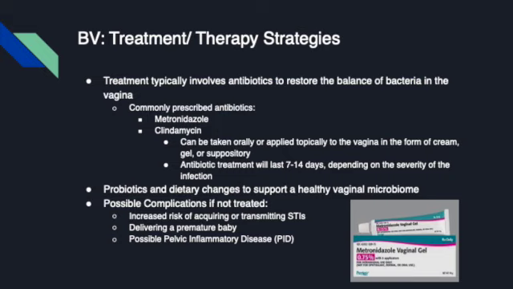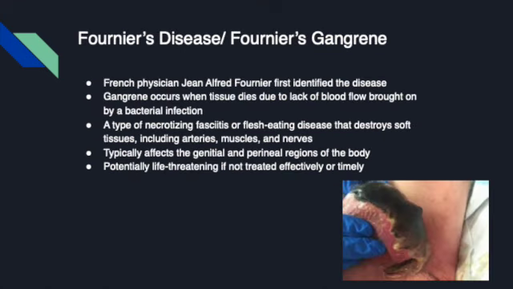The last and final disease that we will be discussing today is Fournier's disease, otherwise known as Fournier's gangrene. Fournier's disease was first identified by French physician Jean-Alfred Fournier in 1883.